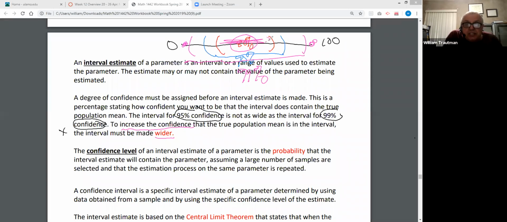This is 80%. This is 90. If I really widen it, I can do 99%. So the higher percentage confident you are, the wider you're laying your minimum and maximum, your guidelines there.